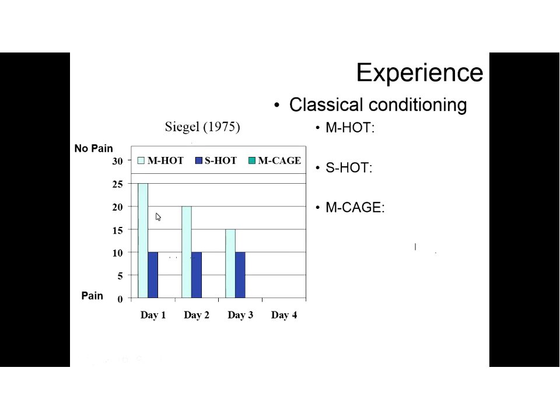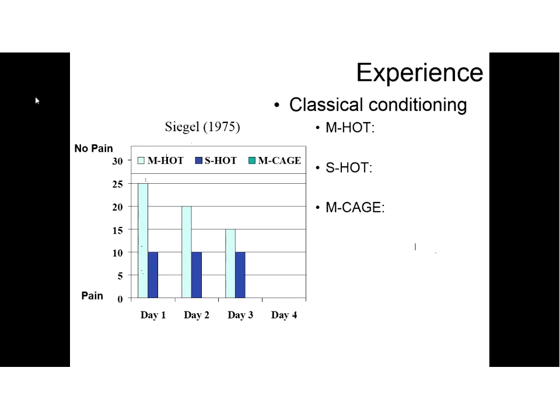Whereas the rats that received the morphine had a much longer latency to lick their paws on day 1, demonstrating that morphine is reducing their sensitivity to pain. So we can see a behavioral effect of morphine in terms of reducing sensitivity to pain.